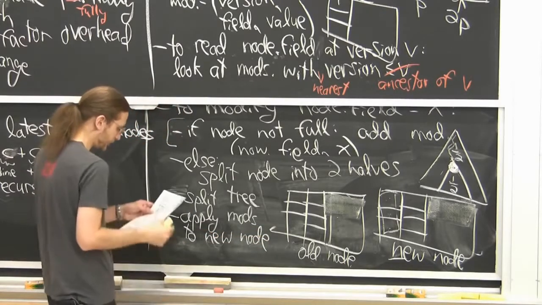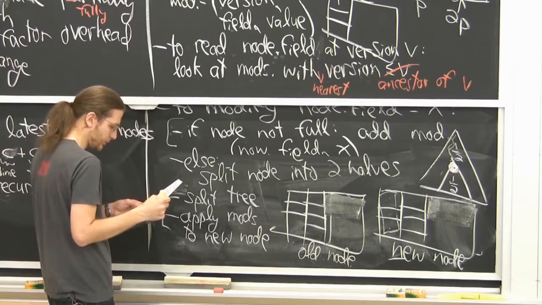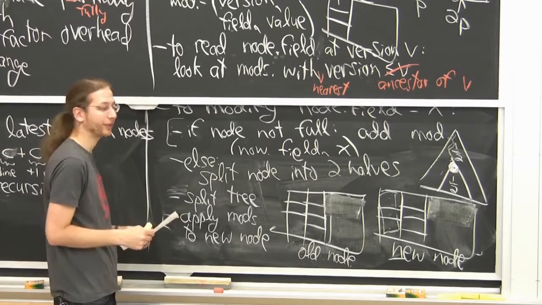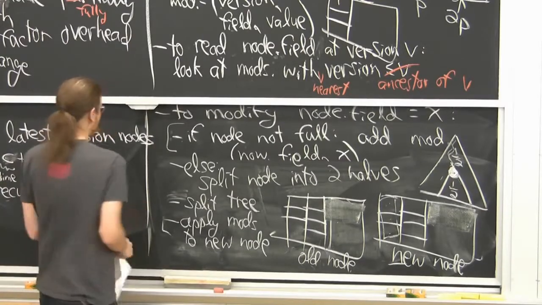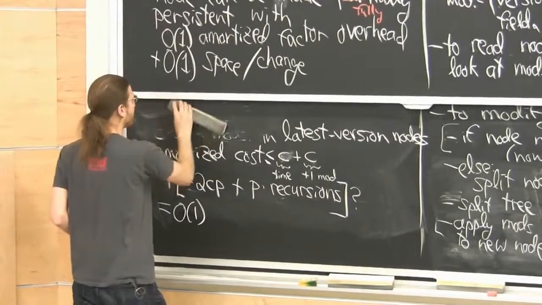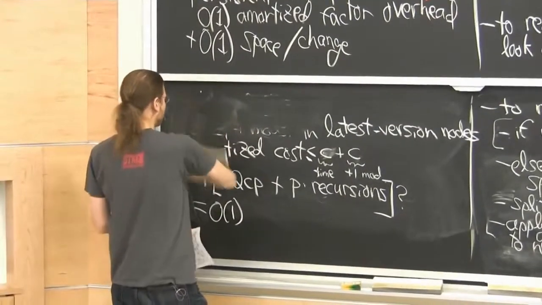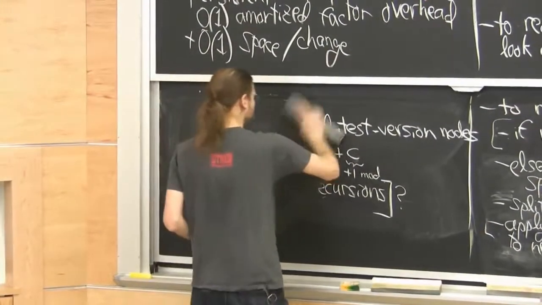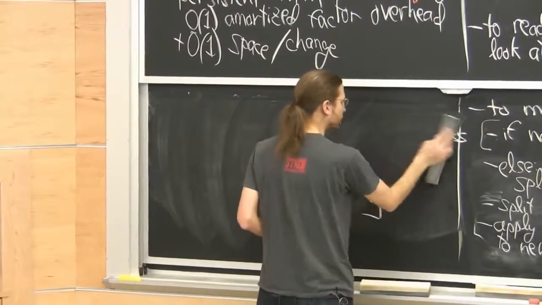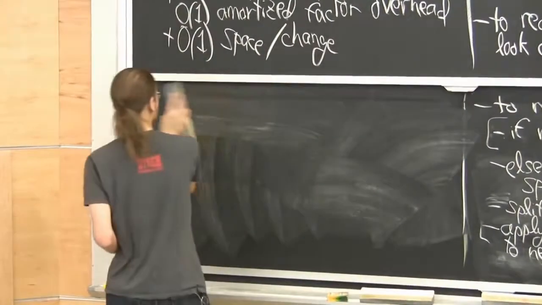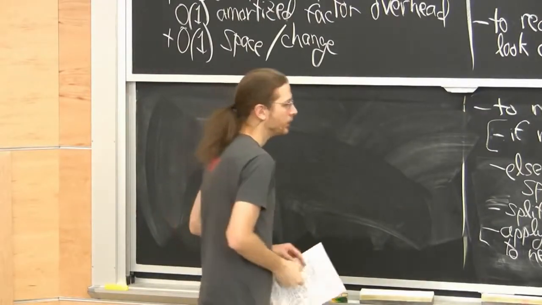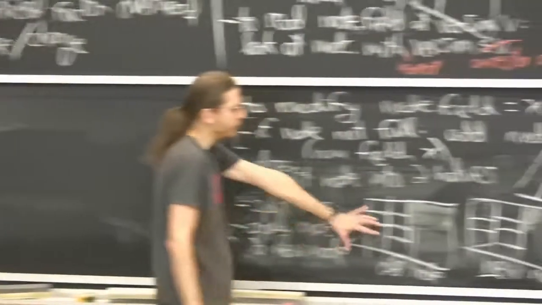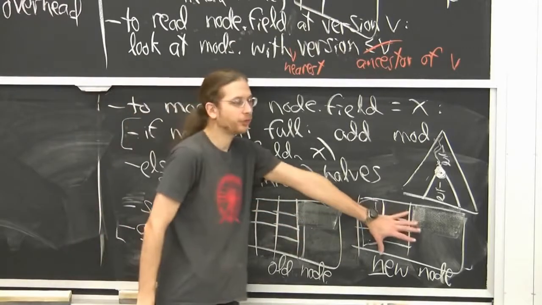Anything else I need to say? Oh, now we need to update pointers. That's always the fun part. So let's go over here. So old node hasn't moved, but this new node has moved.